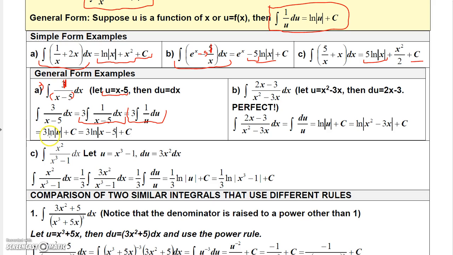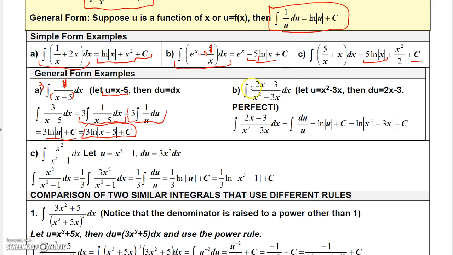That's just natural log of the absolute value of u plus a constant, and then of course your 3 that was on the outside comes along. And then at the end, we can replace u with the substitution that we used. So replace u with x minus 5, and that's your final answer.